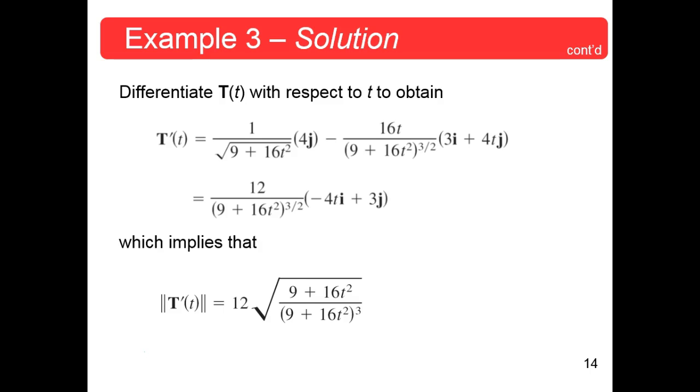Now, the magnitude of this would then be the square root of this thing squared, which basically pulls that thing out. Now, they left it in here. Don't know why.